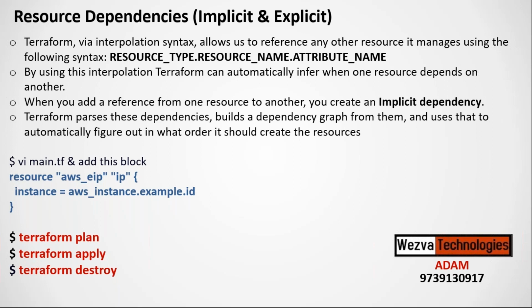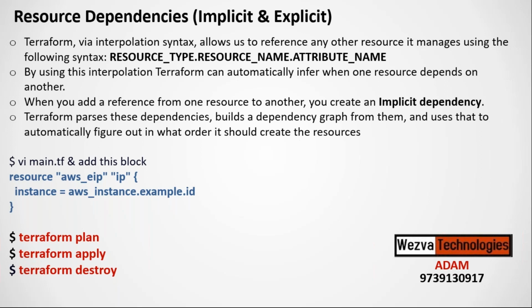The elastic IP itself is a separate resource. If I'm trying to create a machine and an elastic IP, then there should be a dependency between them. The same way, an S3 bucket is a different resource.